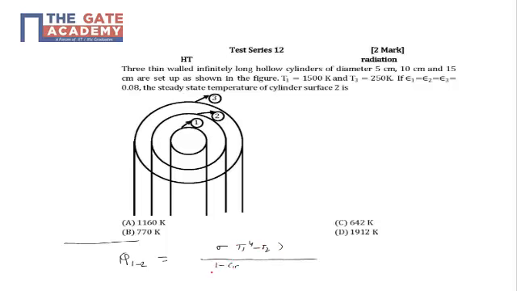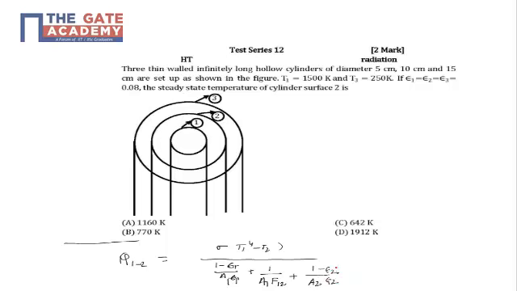(1 minus epsilon 1) by A1 epsilon 1, plus 1 by A1 F12, where F12 is the shape factor between 1 and 2, plus (1 minus epsilon 2) by A2 epsilon 2.